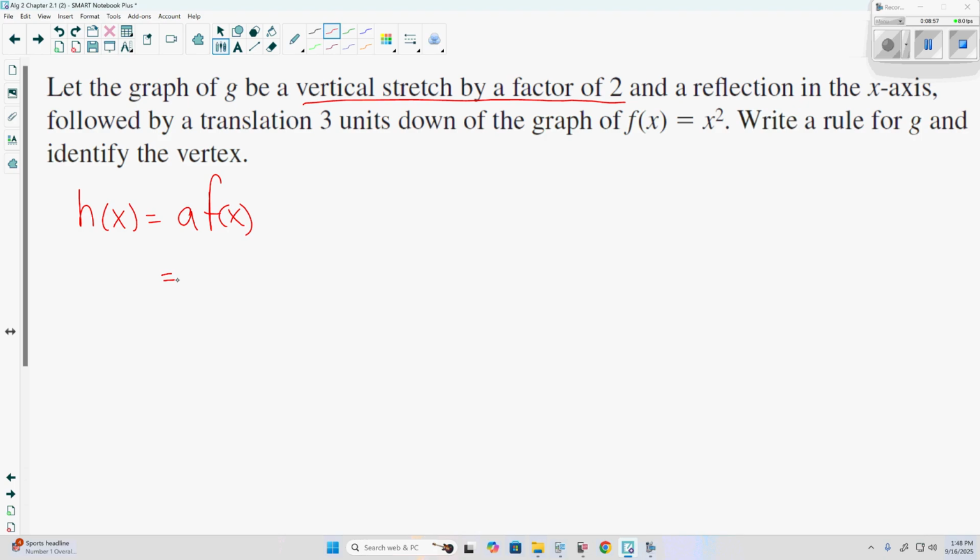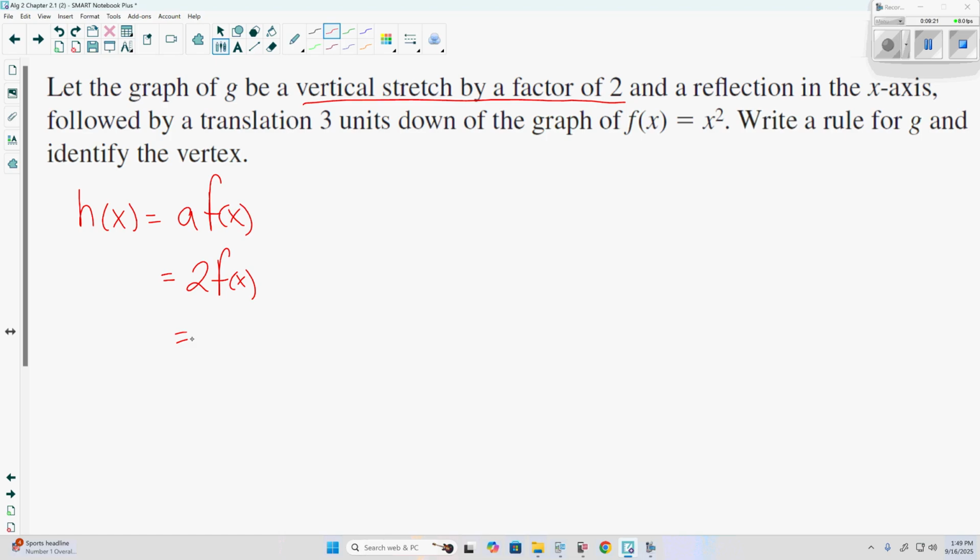How much are we stretching or shrinking the function by? 2. So the value of a is 2, since we're stretching this function by a factor of 2.